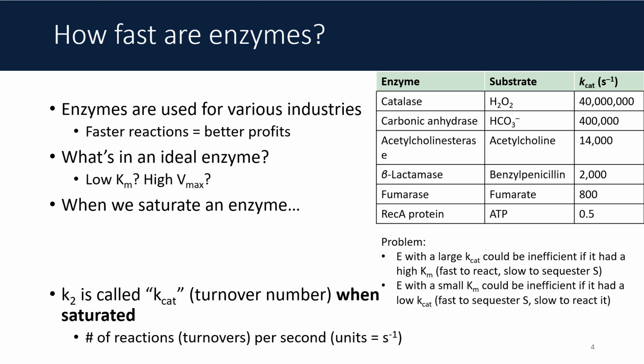Maybe you would predict you would need an amylase that has a very high Vmax. So let's consider what that Michaelis-Menten curve would look like. The x-axis is concentration of substrate, the y-axis is velocity. And here, this is an enzyme, an amylase, let's say, with a very high Vmax.